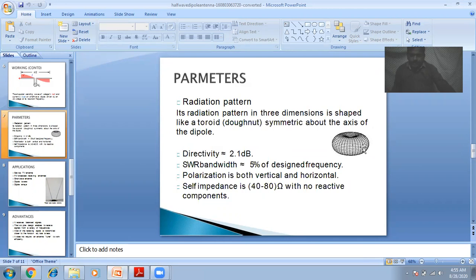If you cut this radiation pattern horizontally into two halves, only the upper half is seen physically. Since the radiation pattern is half, the radiation resistance is also half, only 36.5 ohms.